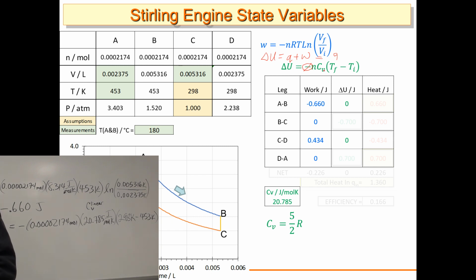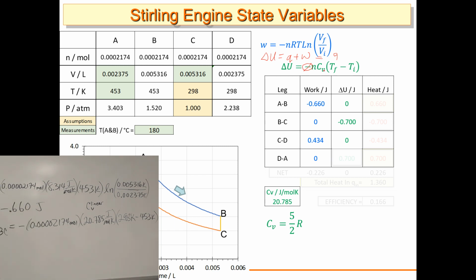So forgive me on that negative sign, because, and again, this is why you do this analysis and say, does it make sense? We cooled the system down. The system has to have a drop in energy. Its delta U has to be negative. We cooled it down. And so that's telling me that that negative sign should not be there. Okay. Apologize. So we have this negative 0.7 when you put these numbers into the calculator. And so that's going to be 0.7 joules lost when we cool it down from 453 to 298.